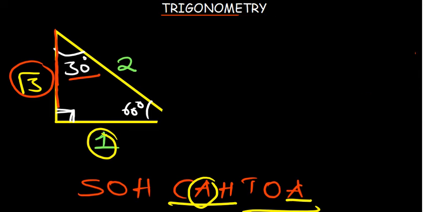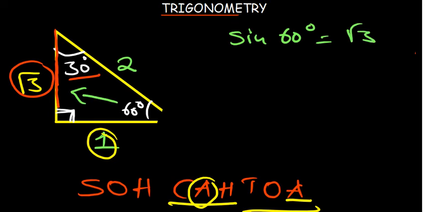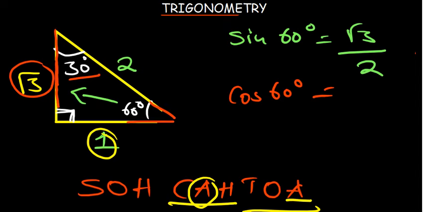We'll now go to a different angle. If we go to 60, you notice that sine 60 to start with, its opposite side is the root of 3. So we have root of 3, and the hypotenuse still remains 2. Again, if we change to cosine, cosine of 60, the adjacent side in this case to this angle is 1.